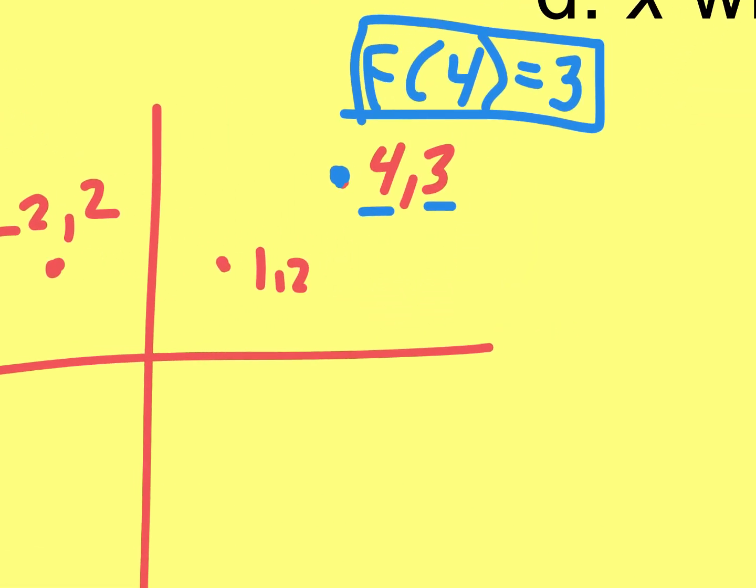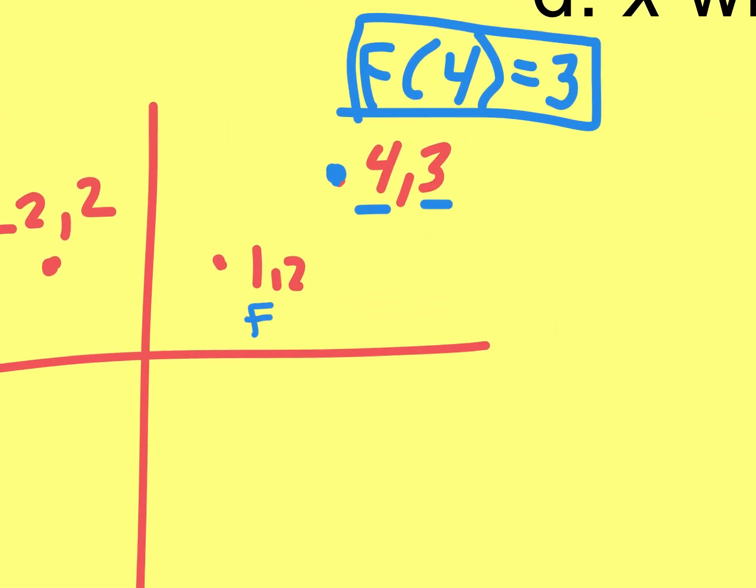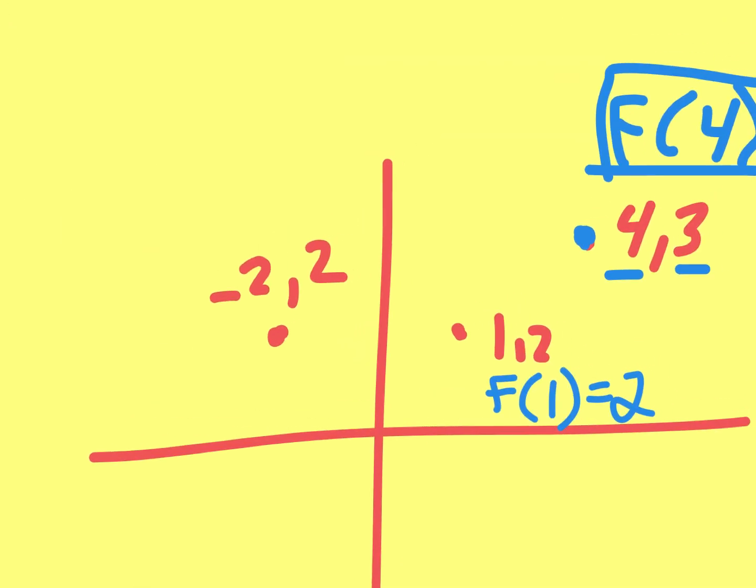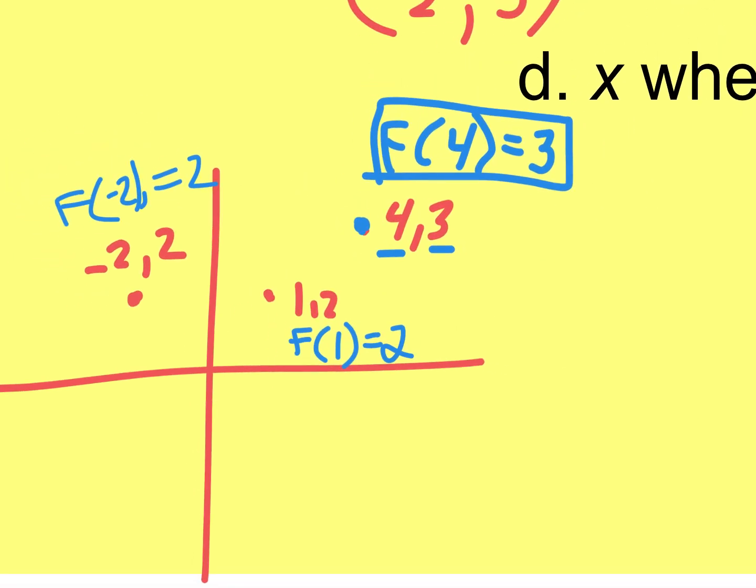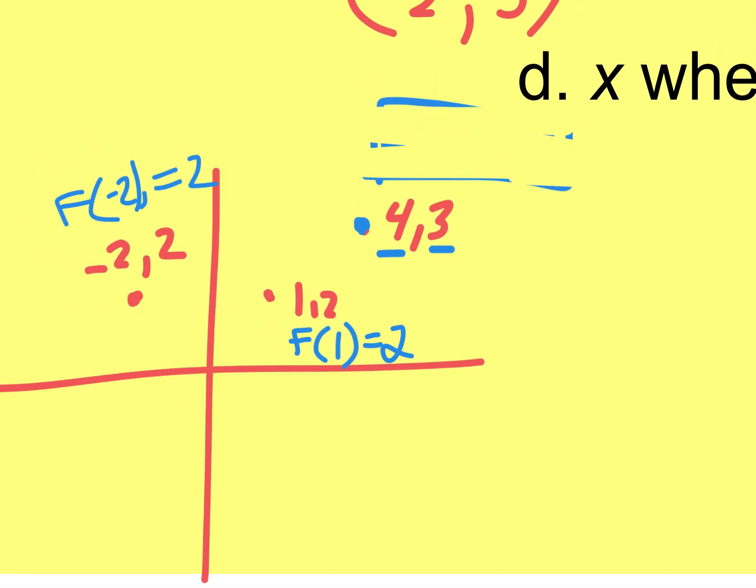What could you tell me about 1, 2? You could tell me f of 1 is 2. And over here, f of is, yeah, awesome. So if I had just given you this chart and I had said, hey, what's f of 1?